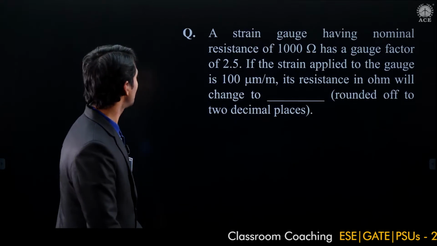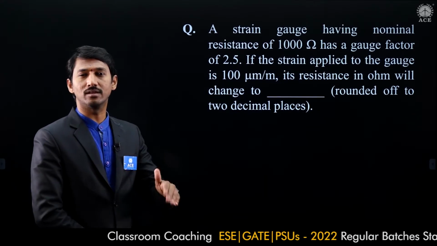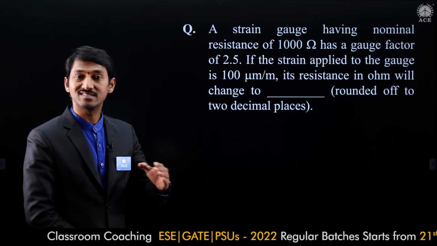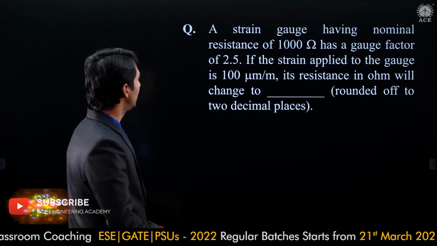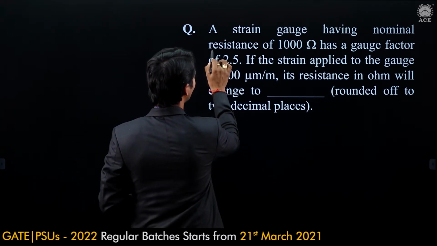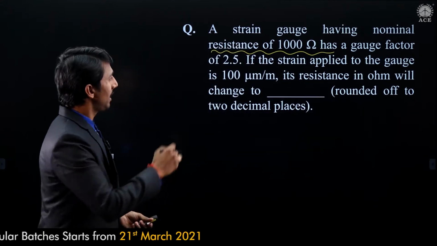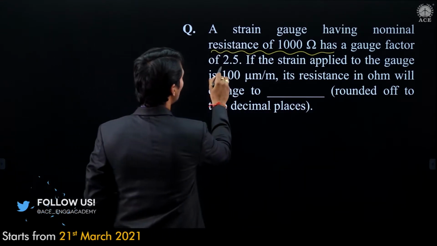Here the question is related to the strain gauge topic, that is, resistive transducer. The strain gauge has a nominal resistance of 1000, nothing but the value of strain gauge resistance is 1000, and has a gauge factor of 2.5.